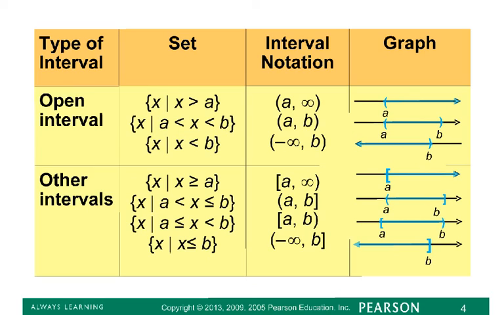And let's see. For an open interval, open means that these inequality symbols right here don't have an equal to symbol at all. Here we have x is greater than a, and the interval for that is going to be a parenthesis rather than a bracket like you see down here.